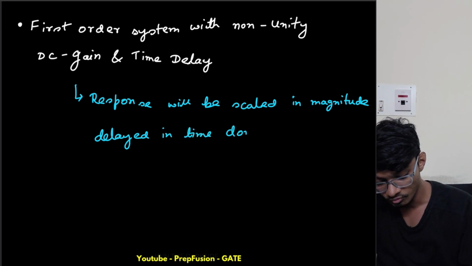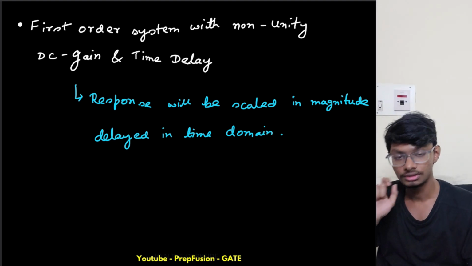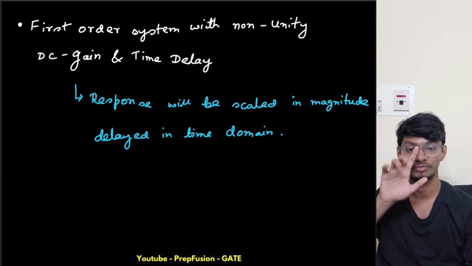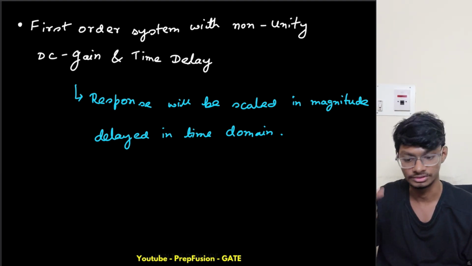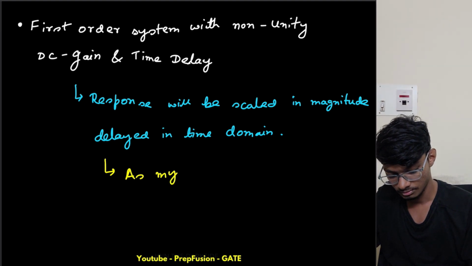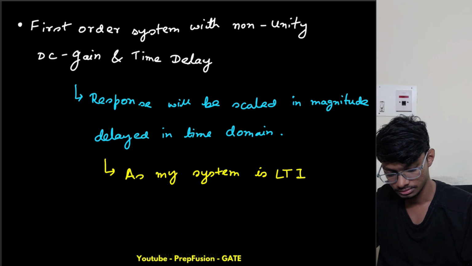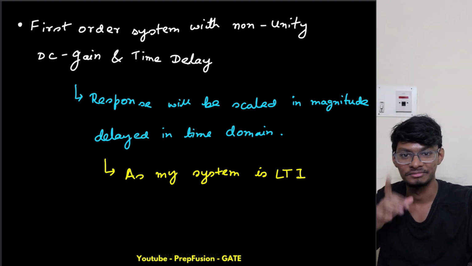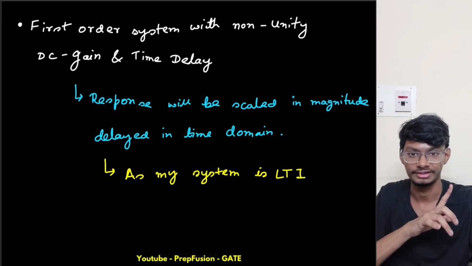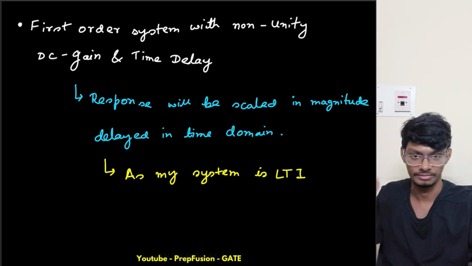Why is this possible? Why is it simply like this? Because my system is LTI. If my system wasn't LTI, then I wouldn't have been able to do this. Remember what LTI is? LTI is linear time invariant. It follows the properties of linearity and time invariance. These things have been taught in basics.